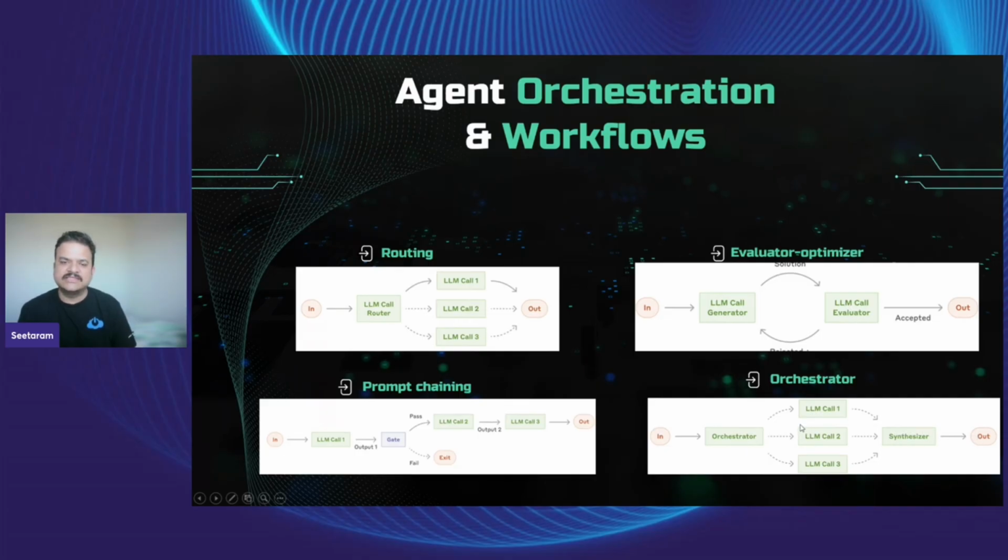In the demo, I'm going to use the evaluator optimizer and orchestrator patterns, because the feedback loop is important, and the orchestrator is where the actual work is delegated among the agents.